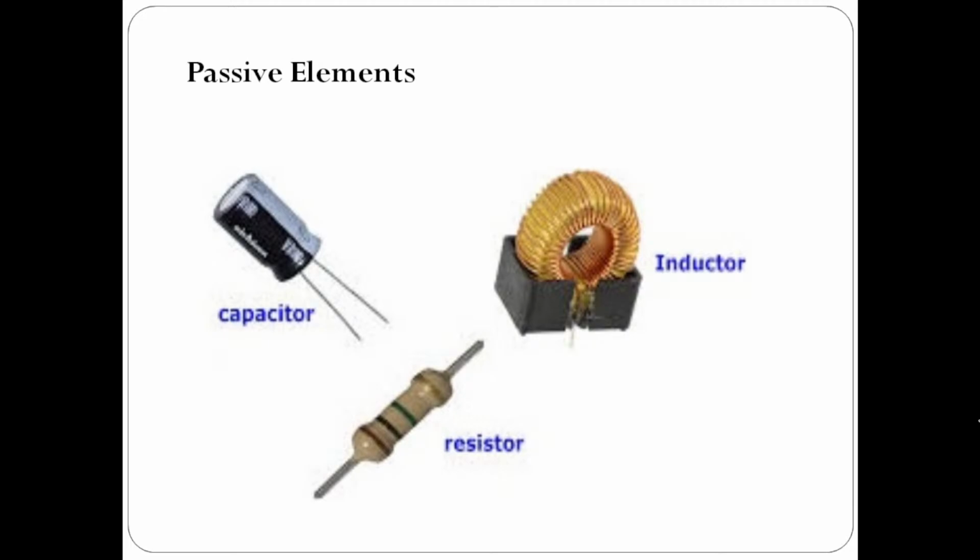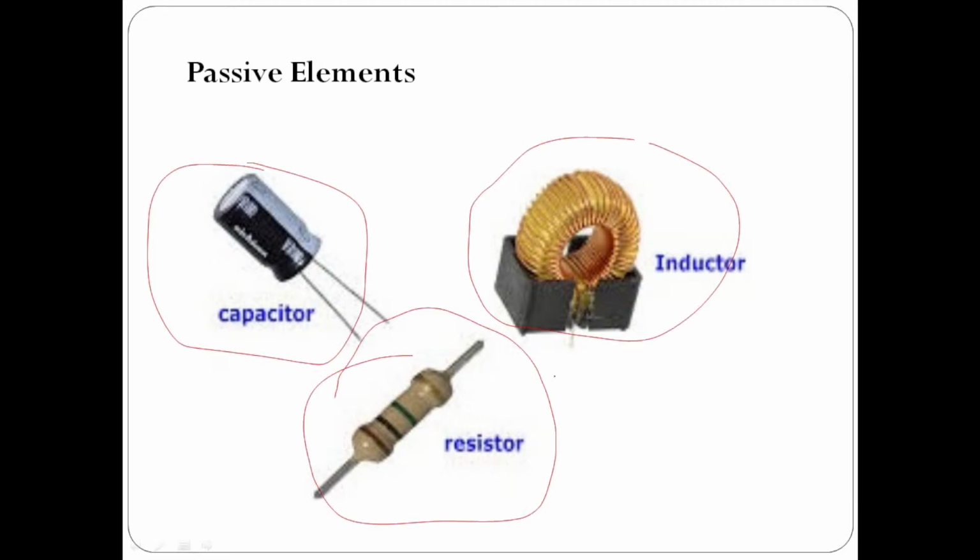You can see here I am showing you three images. One is capacitor, one is inductor, and one is resistor. In yesterday's online class, I was discussing basic circuit elements. What are the basic circuit elements? Resistor, inductor and capacitor. Among these three, which are the energy dissipating elements?